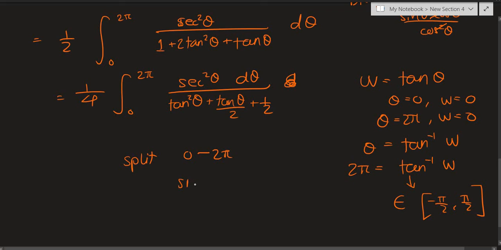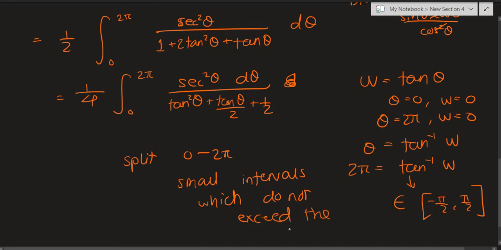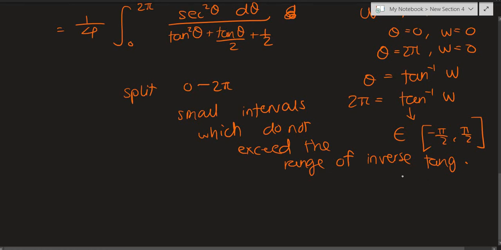So we need to split 0 to 2 pi into small intervals which do not exceed the range of this inverse tangent function. Otherwise we would run into another problem. So let's go ahead and look at what that might look like.